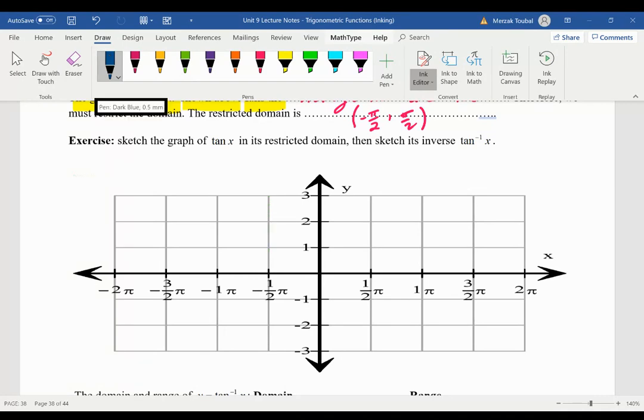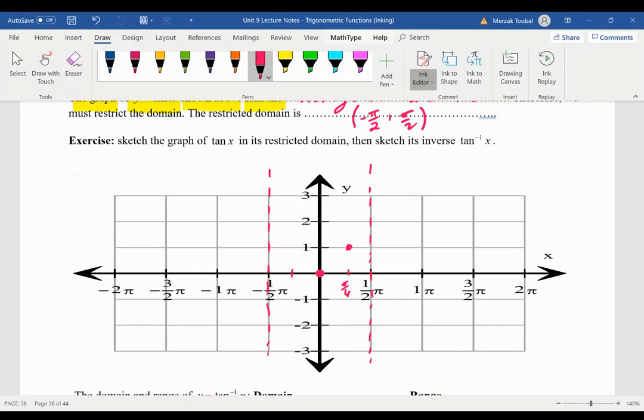But we understand that at pi over 2 and negative pi over 2, we have a vertical asymptote. Vertical asymptote at pi over 2, that's the first thing. And then we know that tangent of 0 is 0, we got 1 point. Tangent of pi over 4, that's a 1.